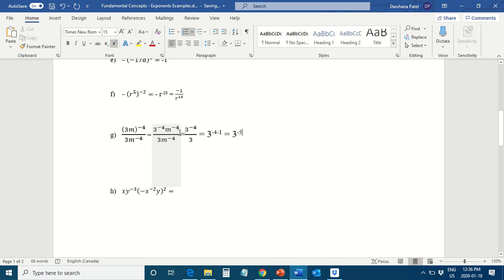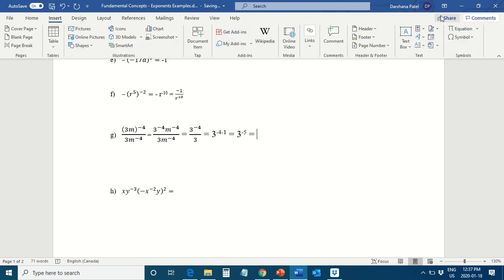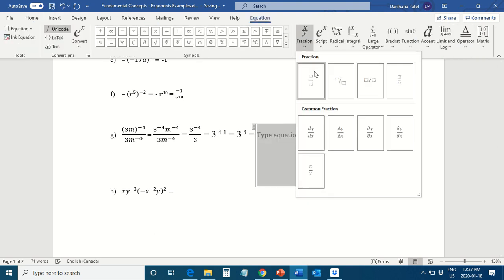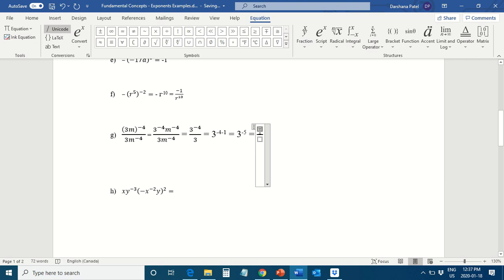Again, we do not want final answers to have a negative exponent or zero exponent. So what we can do is now bring this 3 to the power of negative 5 down to make it a positive exponent, and we can write our final answer as 1 over 3 to the power of 5.